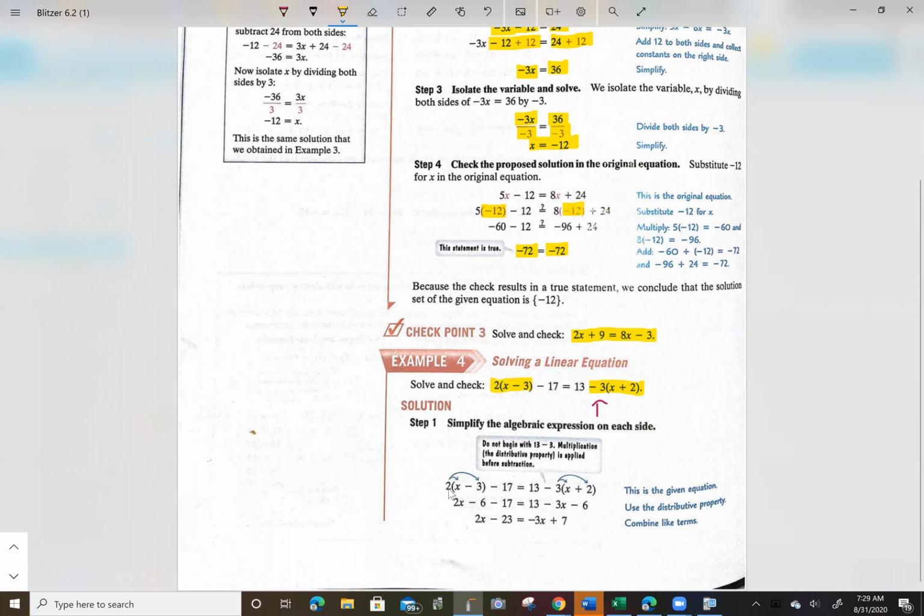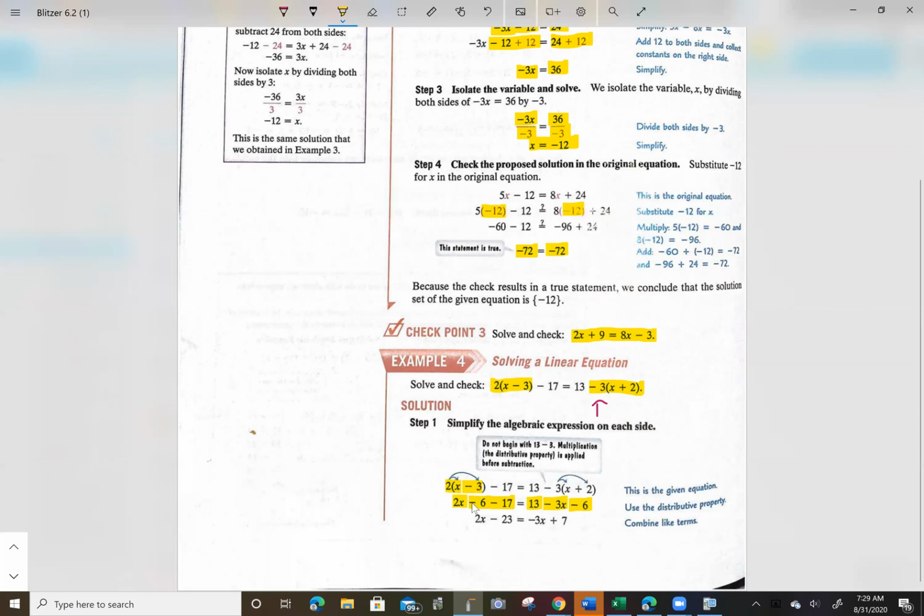So here we have 2 times x is 2x, 2 times -3 is -6, minus 17 just stays the same, 13 stays the same, and then -3 times x is -3x, and -3 times +2 is -6. And this is where I see, a lot of times the first negative shows up and then students forget that second negative. So they would have just put +6, but right here we have -6.